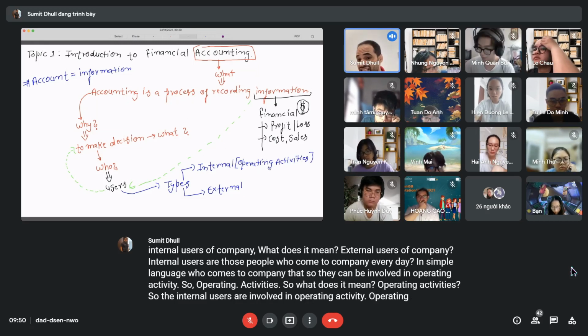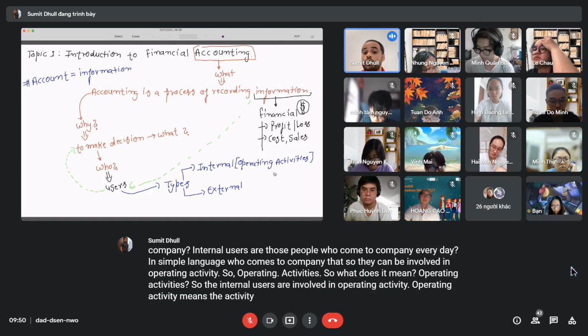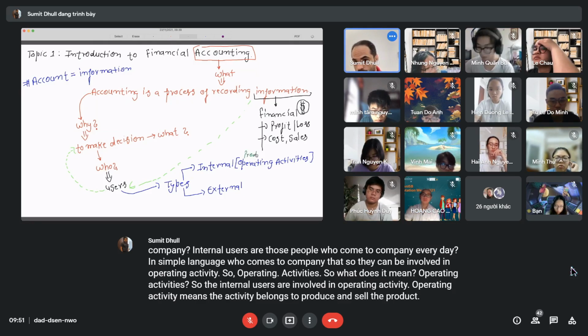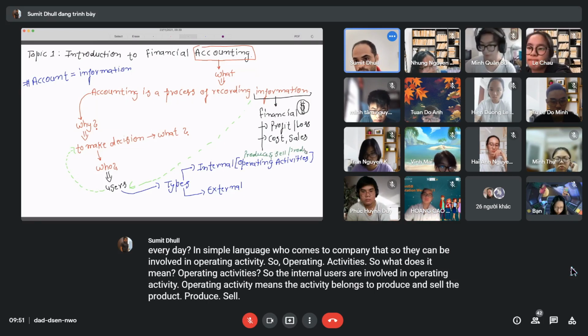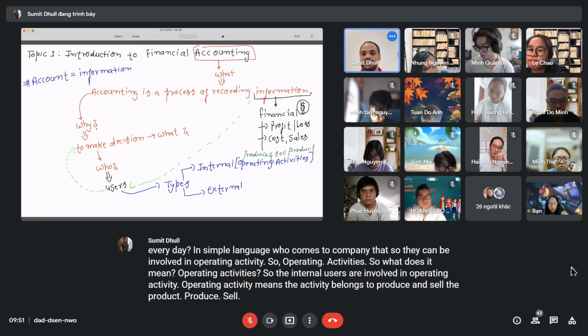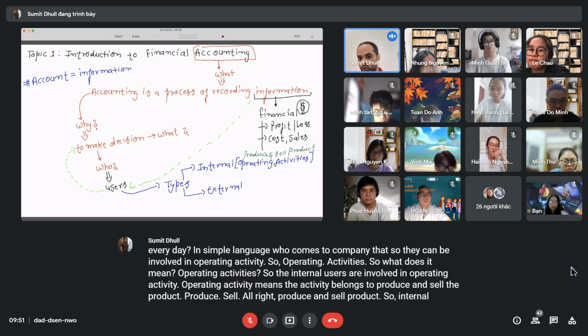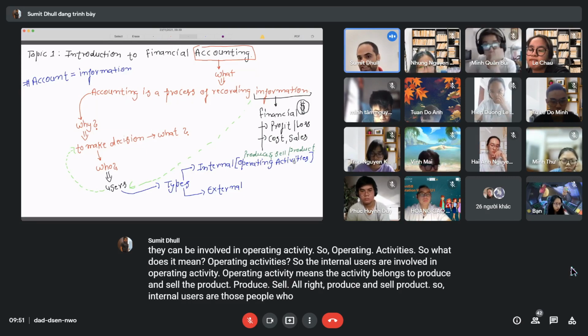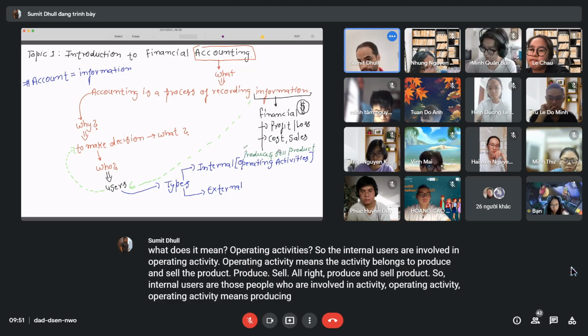Operating activity means the activity that belongs to produce and sell the product. Right? Produce and sell product. So internal users are those people who are involved in operating activity. Operating activity means producing product and selling product and service.